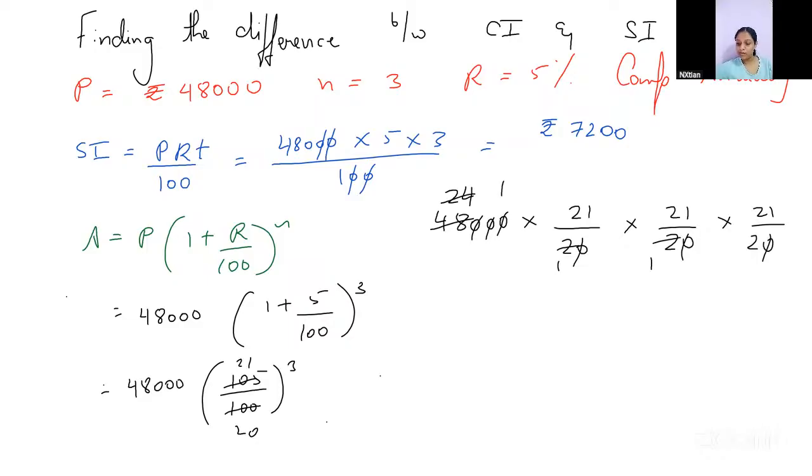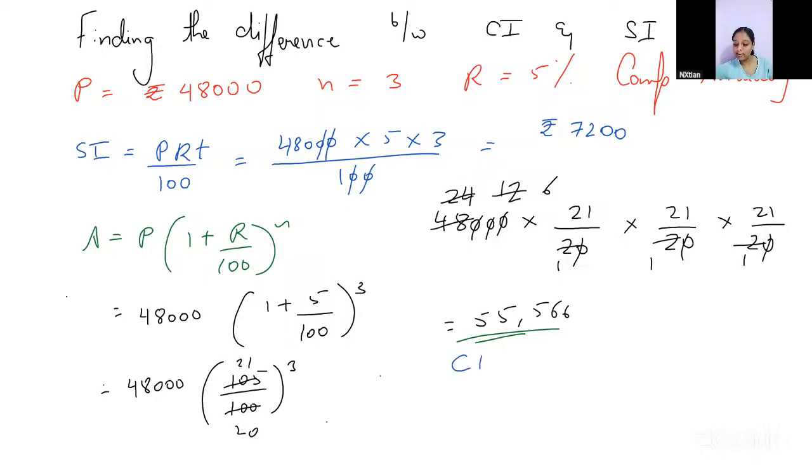Okay. We were getting 55566 on this calculation. This is my amount. And now we'll calculate the CI.